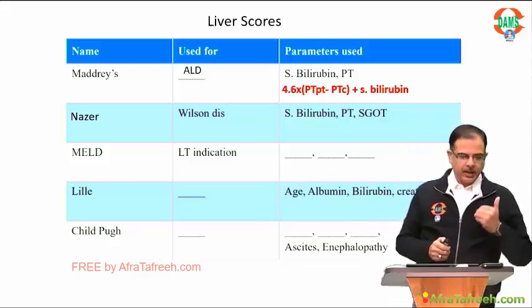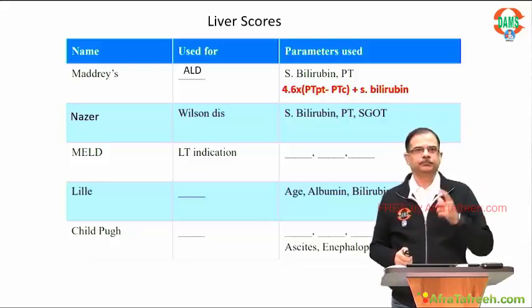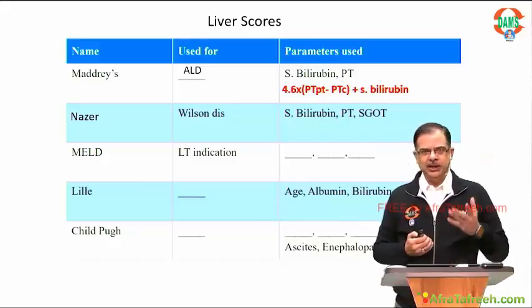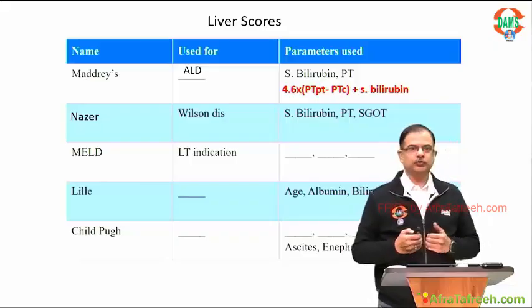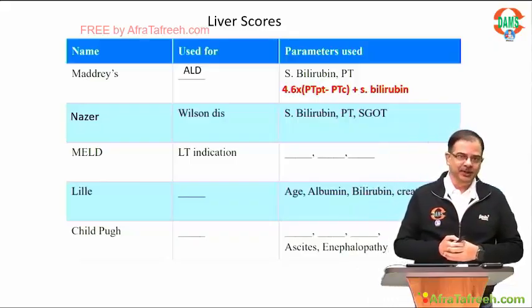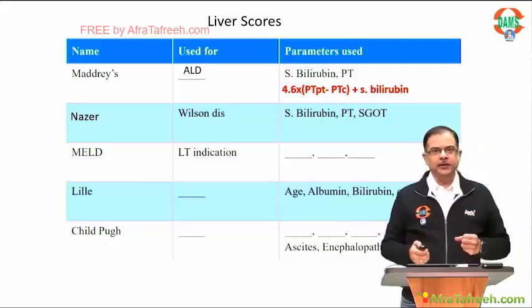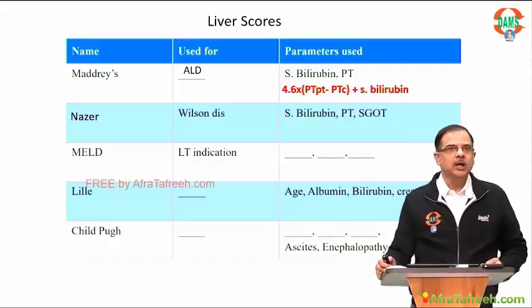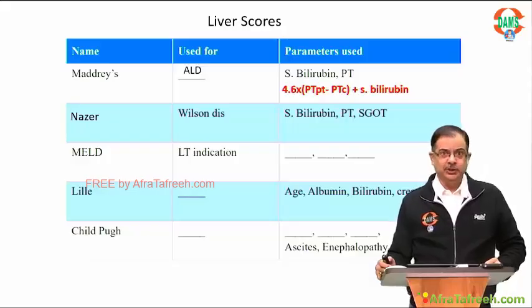Now the MELD score, model for end stage liver disease. This is used as an indication for liver transplantation. According to the options given to you, you have to change your answers.